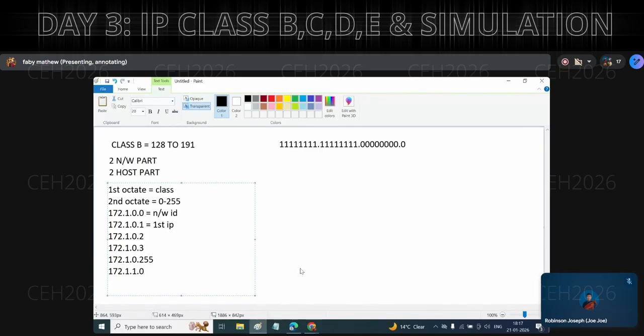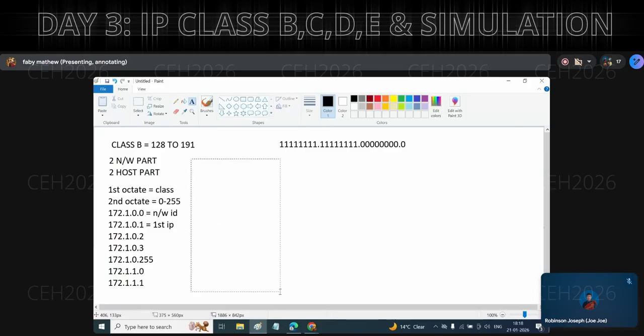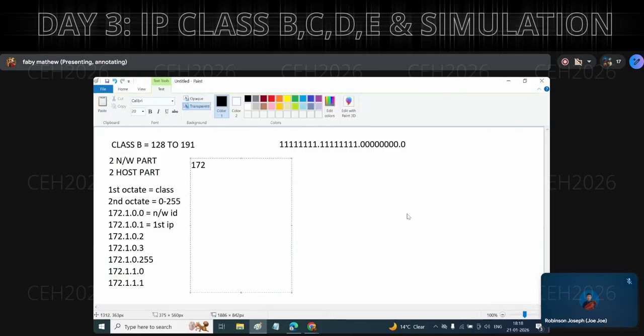Now 172.1.1.1, similarly 172.1.1.2, like this till 172.1.1.255. A condition comes when we reach 172.1.255.253, 172.1.255.254, then 172.1.255.255.